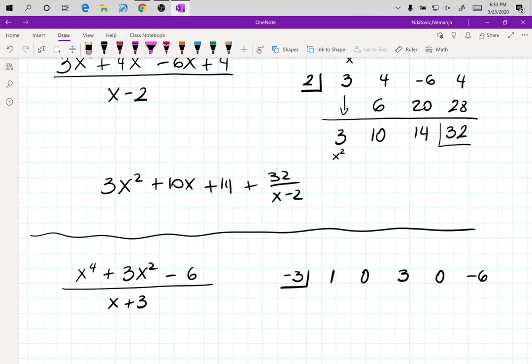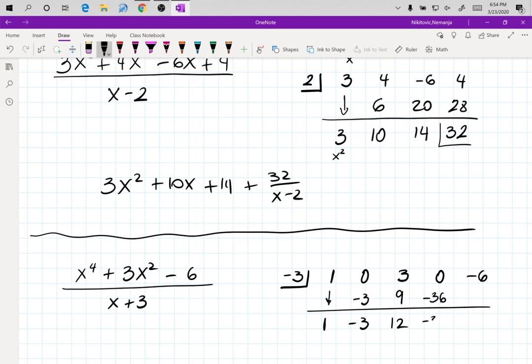So now we just plow through the procedure. Drop 1 down. 1 times negative 3 is negative 3. Add them up. We get negative 3. Negative 3 times negative 3 is positive 9. Add them up. We get 12. 12 times negative 3 is negative 36.